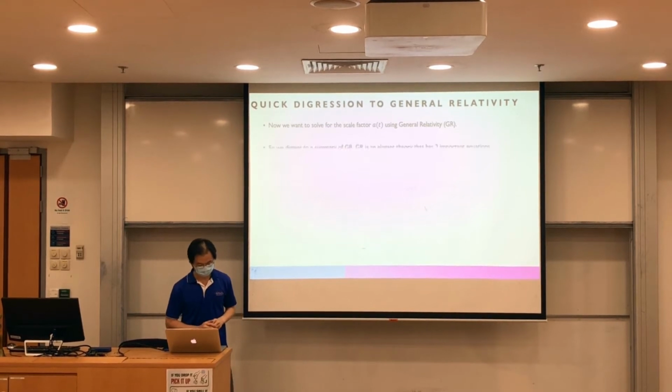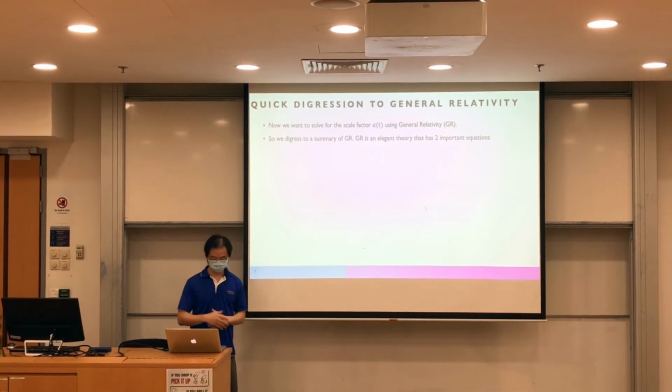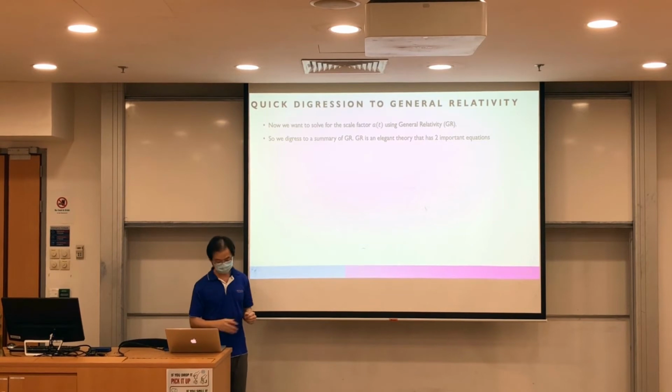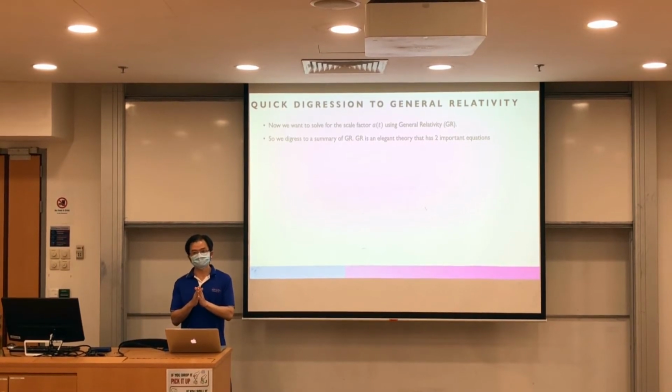So to solve for the scale factor using general relativity, we have to have a quick summary of general relativity now. The good news is general relativity is actually an elegant theory. I'm not saying it's a simple theory. I'm saying it's elegant, meaning its summary is short and sweet.